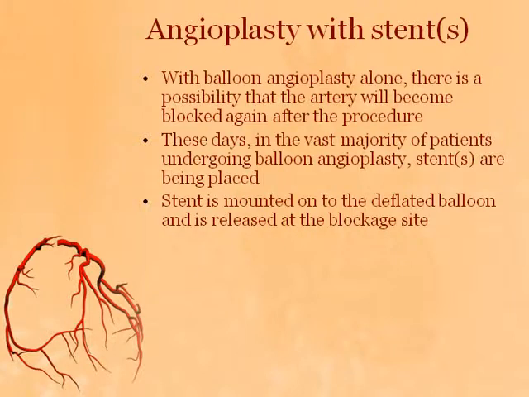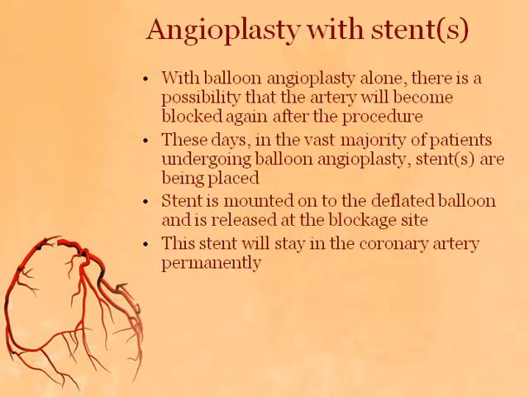Once it reaches the blockage site, the balloon is inflated, which in turn will cause the stent to open up and lock into place in that position. This stent will then stay in the coronary artery permanently. There are two main types of stents available at this point in time: bare metal stents and drug-eluting stents.